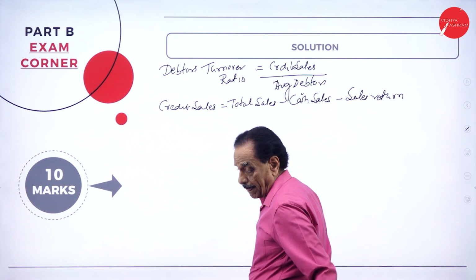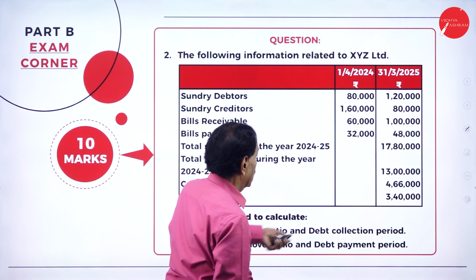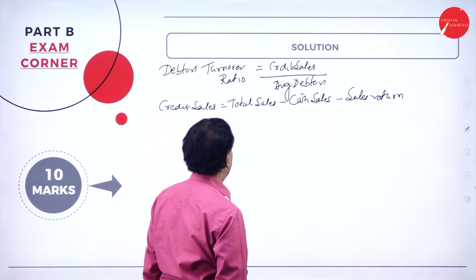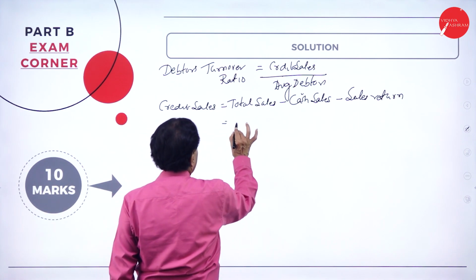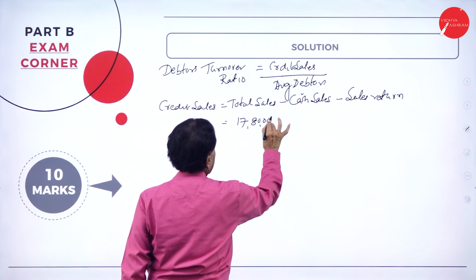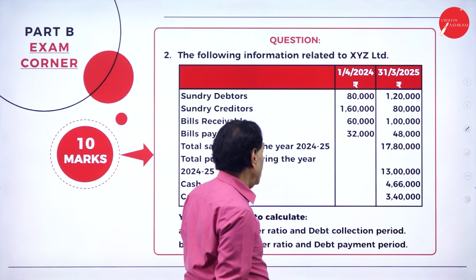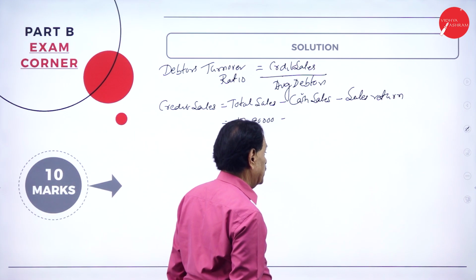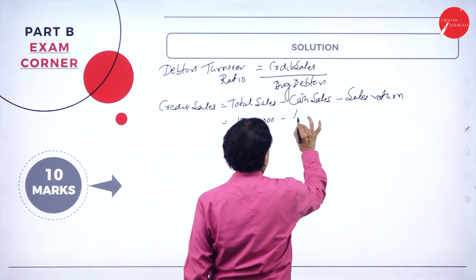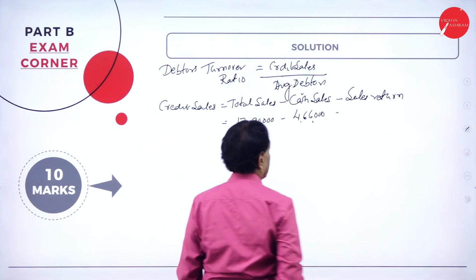Come back. What's your total sales? 17,80,000 minus. What's your cash sale? 4,66,000 minus.